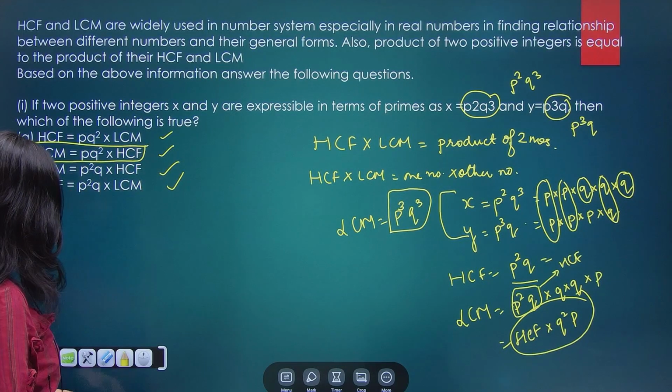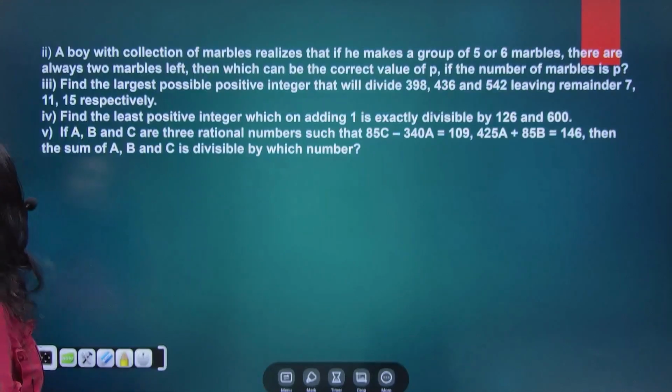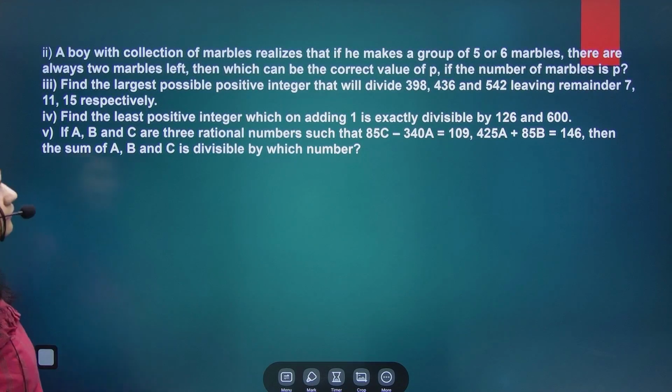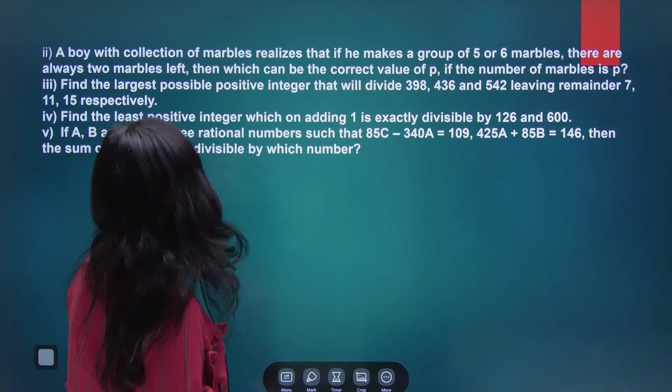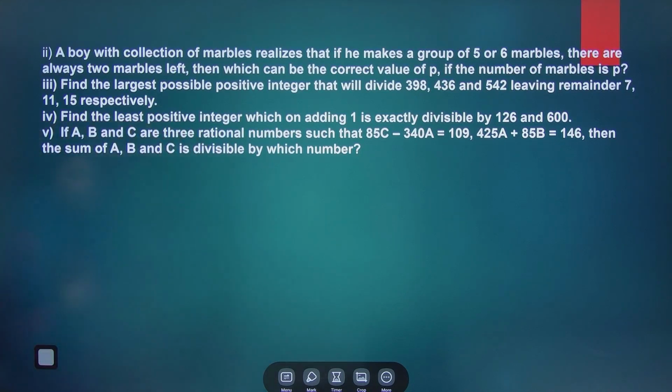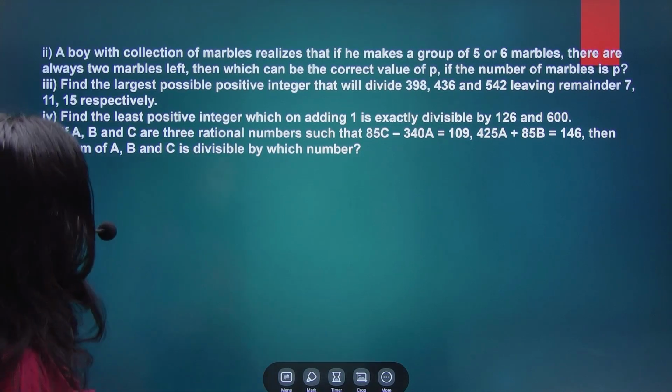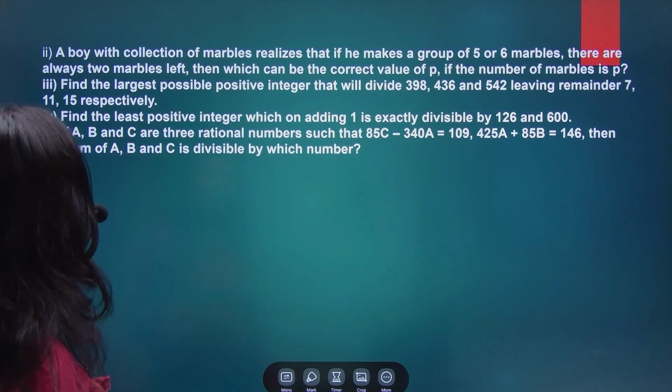Coming to next question. A boy with a collection of marbles realizes that if he makes a group of 5 or 6 marbles, there are always 2 marbles left. Then which can be correct value of p if the number of marbles is p?